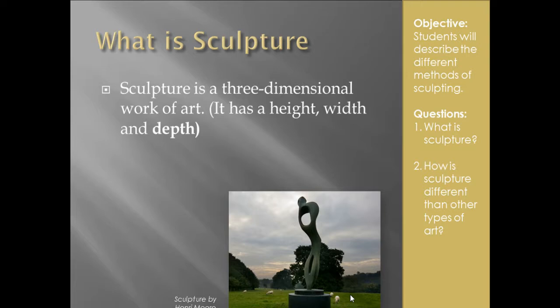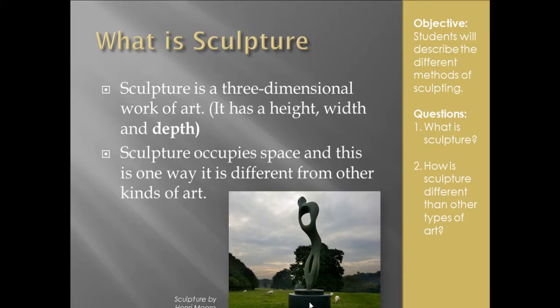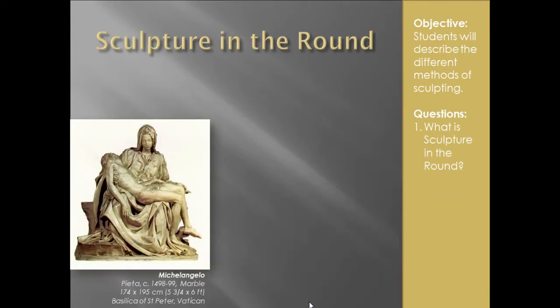So first of all, sculpture is 3D. It has a height, it has a width, but it also has a depth. Sculpture occupies space, and this is one way it is different from other kinds of art.